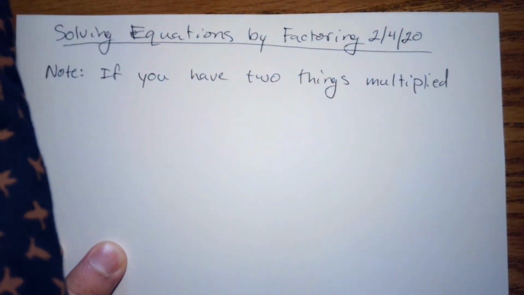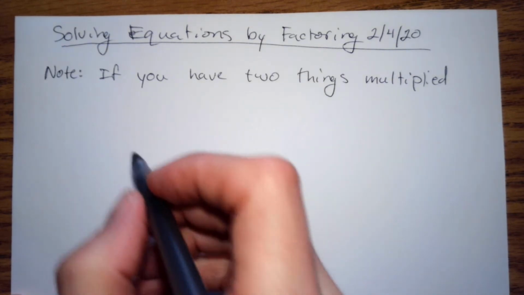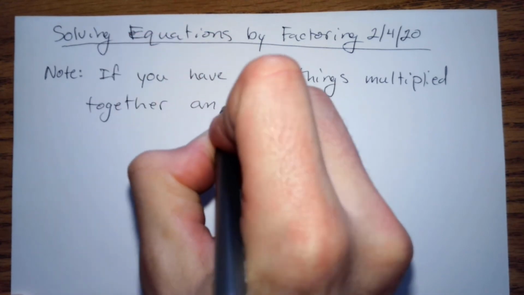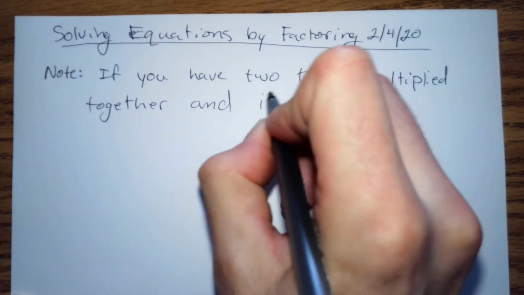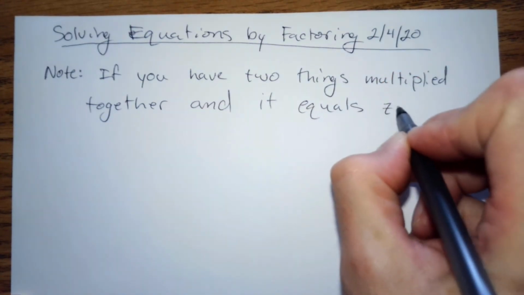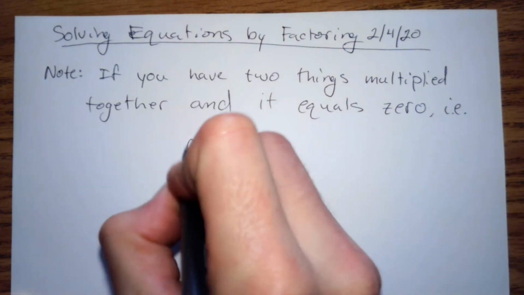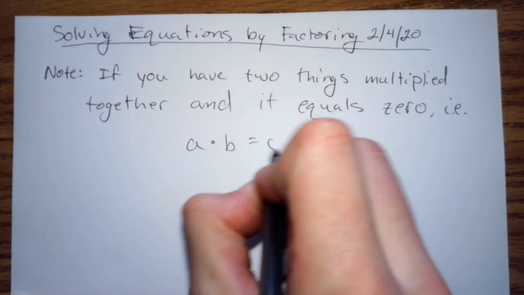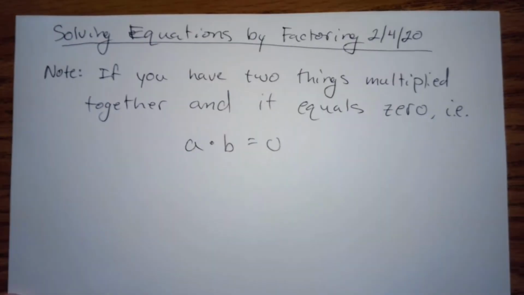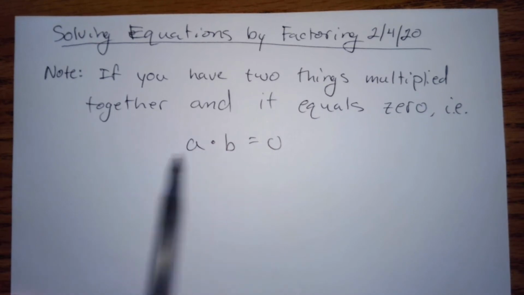If you have two things multiplied together, and you already know it equals 0, i.e. A times B equals 0, then one of these two things has to be 0.